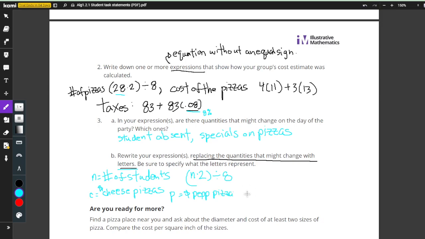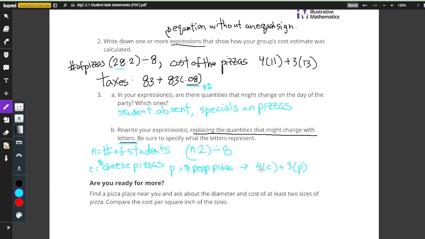Which means that we can change our expression to look like this: 4 times C plus 3 times P. Those are our expressions. As you can see, this looks like a normal algebra problem now, and then we'll make it equal to something eventually.